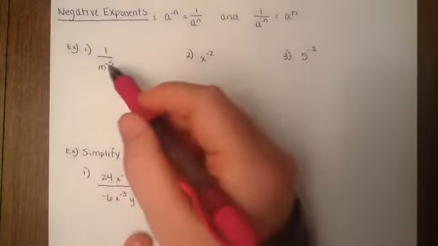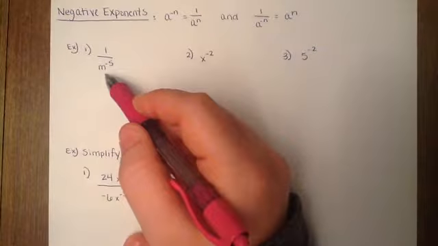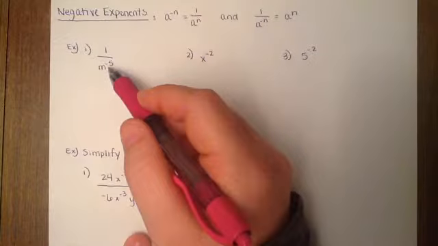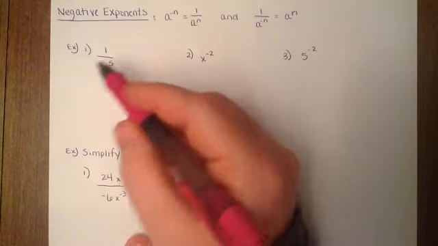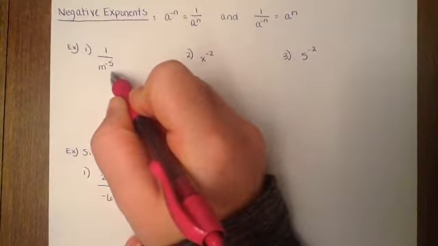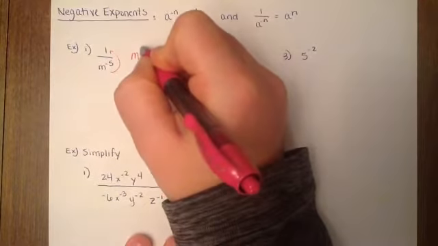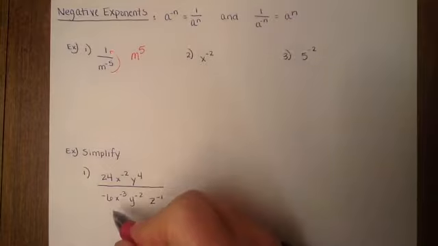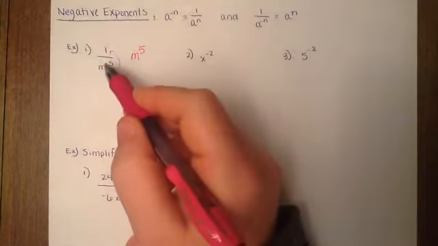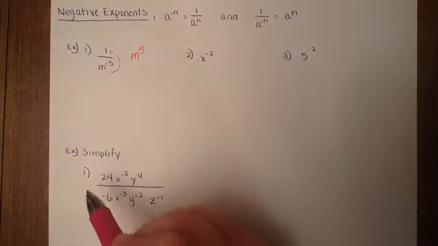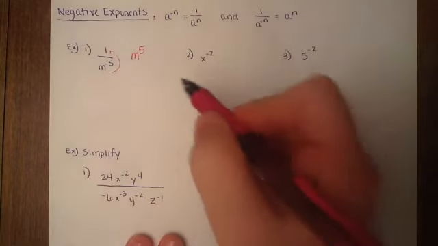So this first example, 1 over m to the negative 5th. Can we have a negative 5 exponent? No. So what must I do with it? Move it to the top, and it will become positive. M to the 5th. So 1 over m to the negative 5th, move that piece up, and it'll become positive.